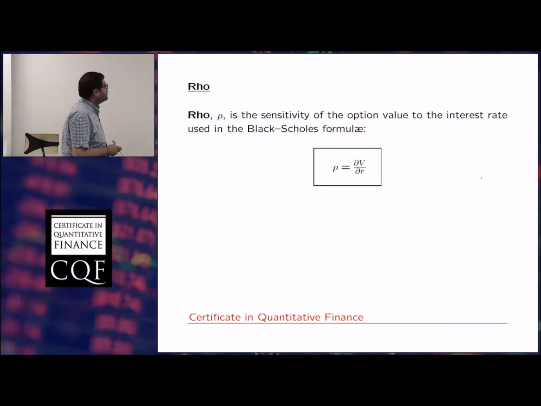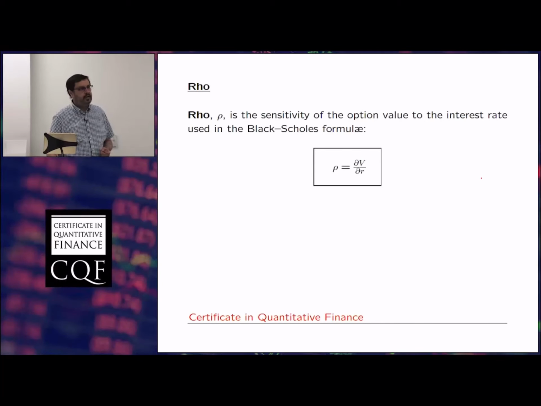And then we have rho, the sensitivity of the option value to the interest rate, again when there's a change in 1%. Does anyone know what rho and vega are sometimes called informally? Yes, that's correct.